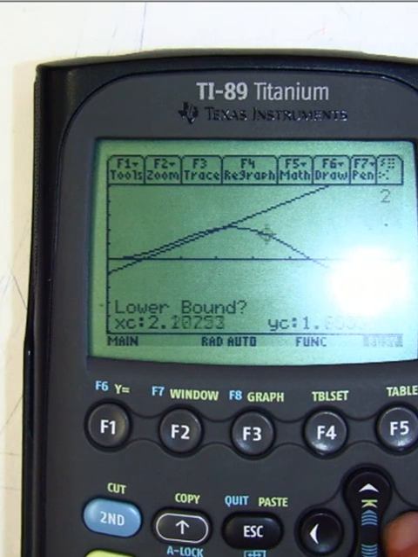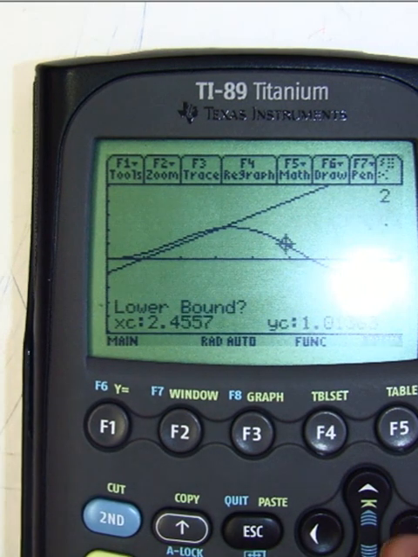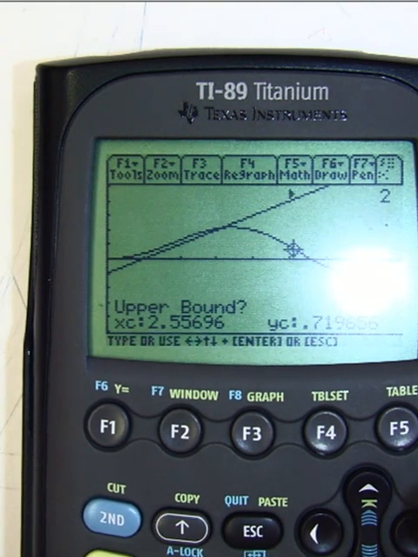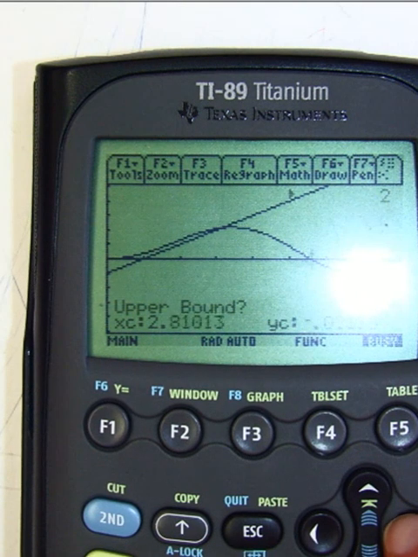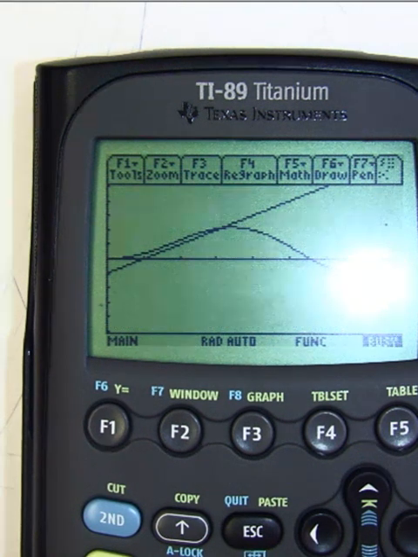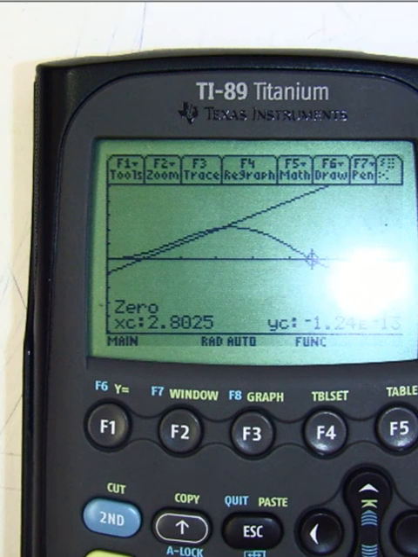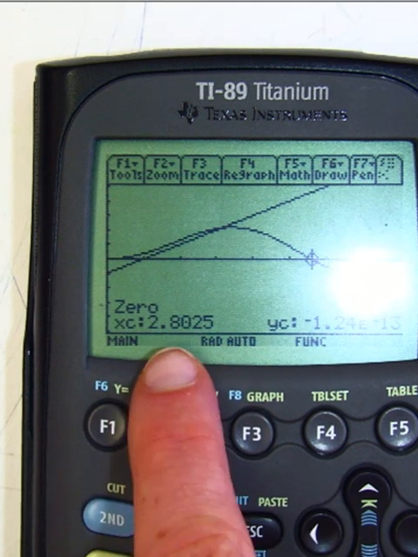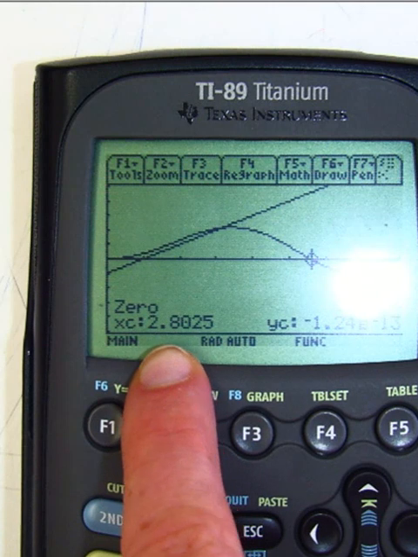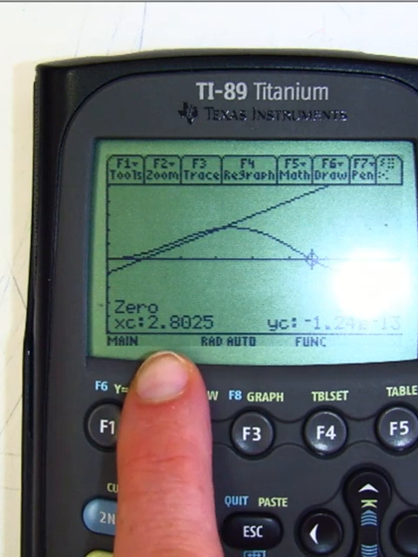It still wants, they call it a lower bound, so that's still to the left, and an upper bound, that's still to the right of where it crosses. That's all you have to do. You don't have to do the guess or anything like that. And notice it gives me my zero right here, 2.802.